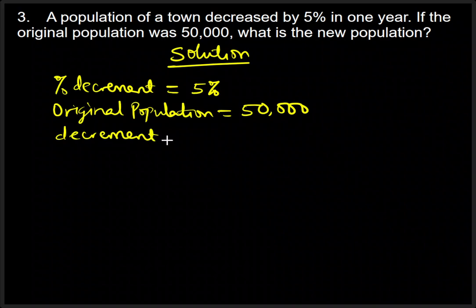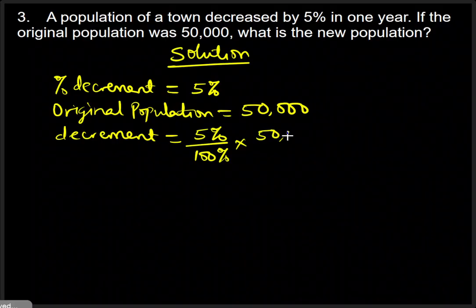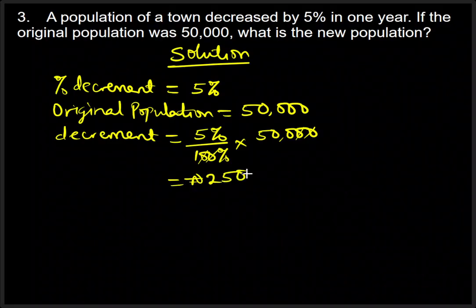So the decrement is equal to 5% all over 100% times 50,000, and that would be equal to 5 times 500, that would be 2,500.